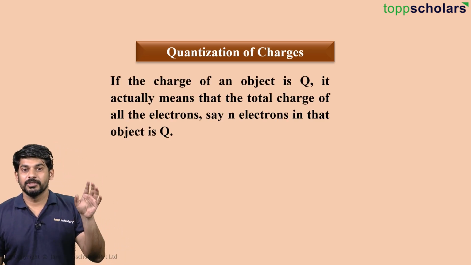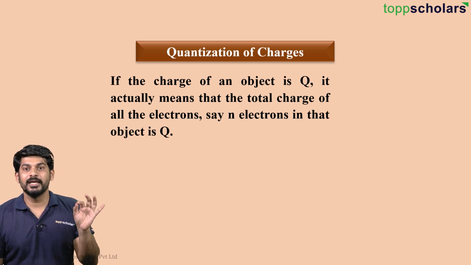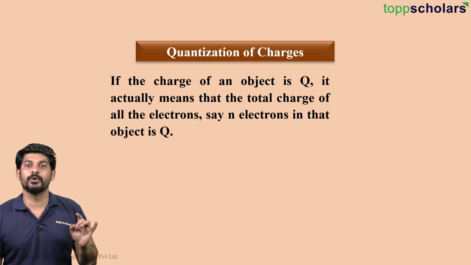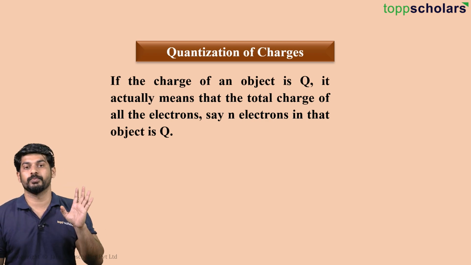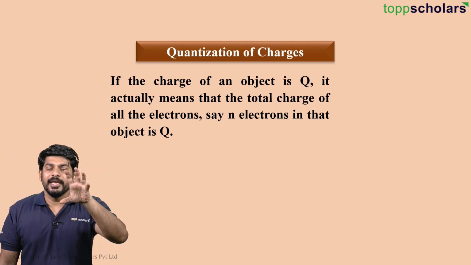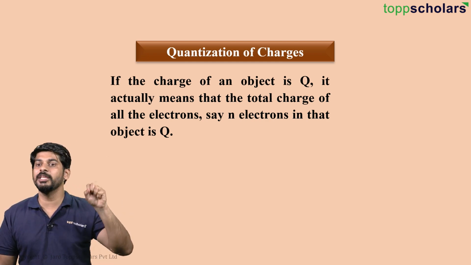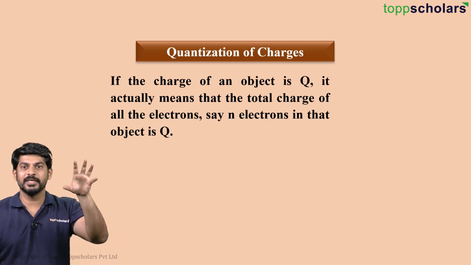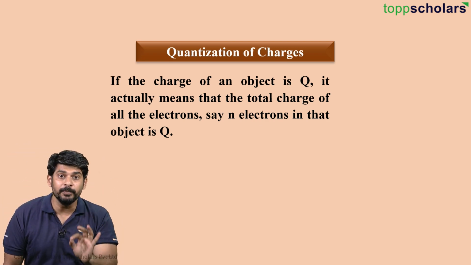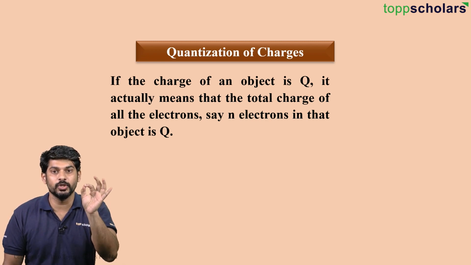If the charge of an object is Q, it actually means that the total charge of all the electrons, say n electrons in that object, is Q. That means any charge that is accumulated on any body is always in multiples of the basic electronic charge, that is, the charge on the electron.